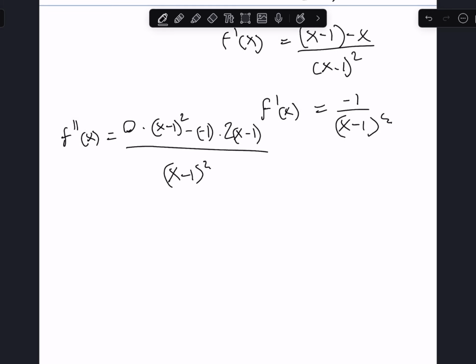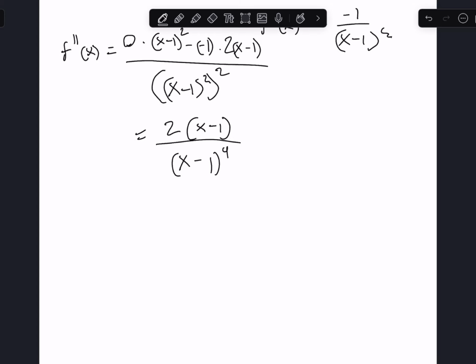Now, if we break down this function, 0 times x minus 1 squared is obviously going to be 0. So we get negative 2 times x minus 1 over x minus 1, oh sorry, there we go, it gets squared twice. x minus 1 to the power of 4. Now, we continue to break down this equation.